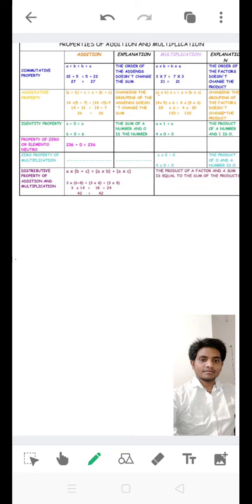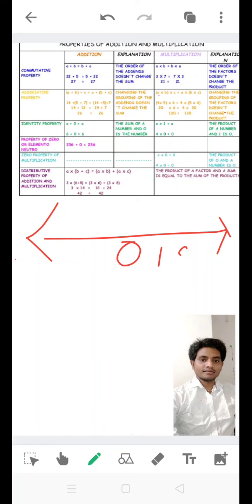Look at one example. 1, 2, 3, -1, -2, -3.